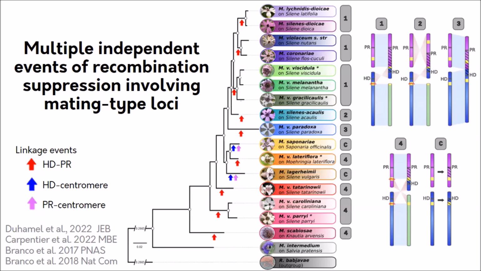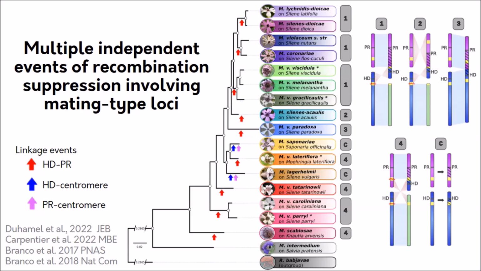So under the same selective pressure, you have had repeated evolution of chromosomal rearrangements in different ways, but each time linking the HD and PR loci, or another evolutionary solution, linking the loci to their centromeres. And you have had at least 11 independent events of recombination suppression, linking the HD and PR loci together or to their centromeres.